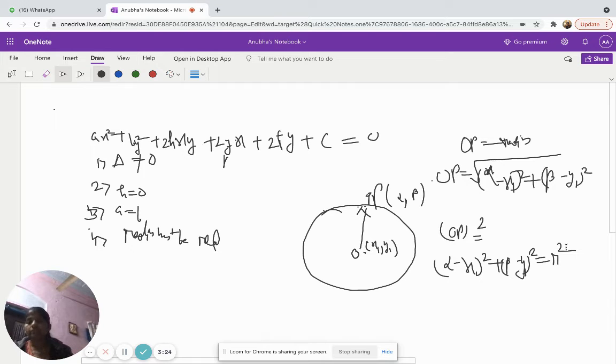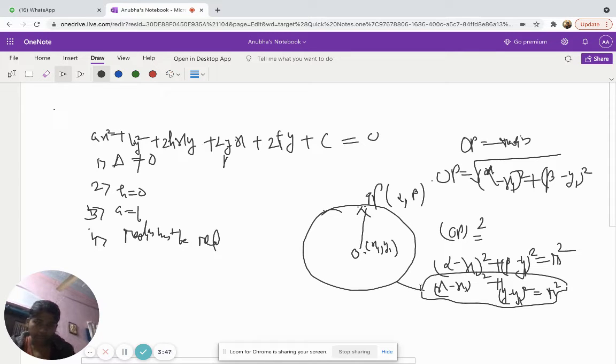If we replace alpha comma beta with some variable x comma y, then the equation becomes (x minus x1) whole square plus (y minus y1) whole square, where x1 comma y1 is the center coordinate, equal to r square. This represents the equation of this circle.